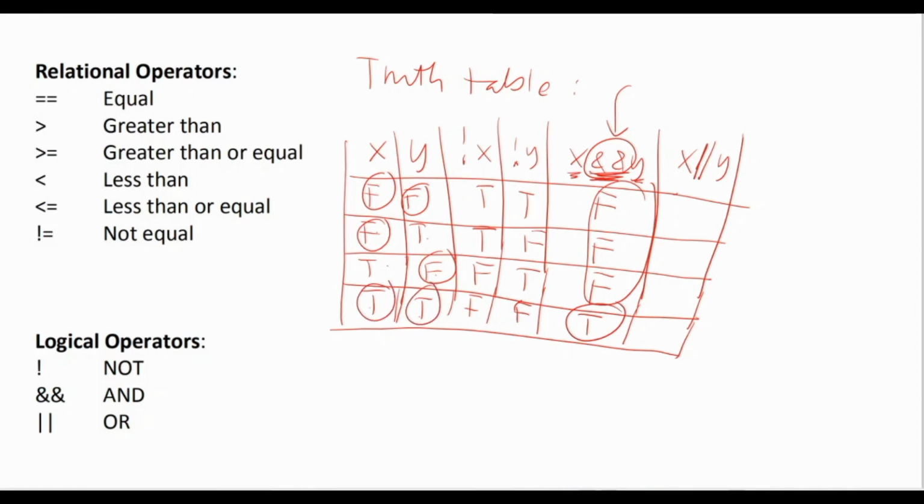For the OR, what is the rule of OR? When at least one operand, either x or y, is true, the result is true. So false or false is false because there is no true value in any one of these. False or true is true.